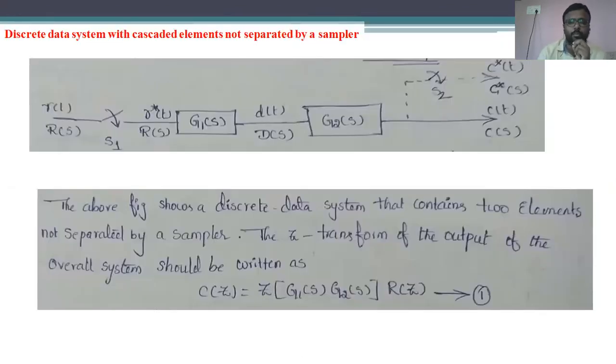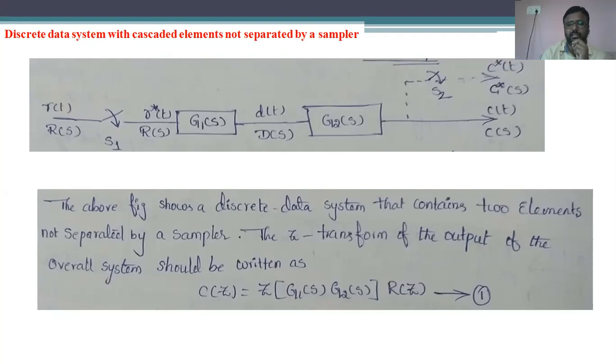Similarly, the next open loop system is the discrete data systems which are connected in cascade but not separated by a sampler. Here also G1 of S and G2 of S are the two discrete data systems, connected in cascaded position but not separated by the sampler.